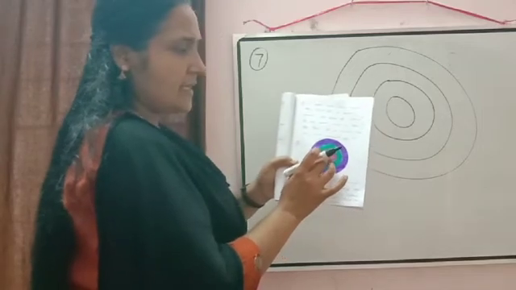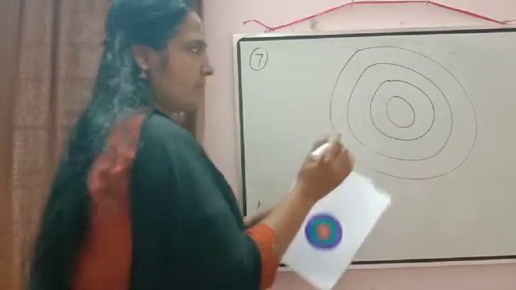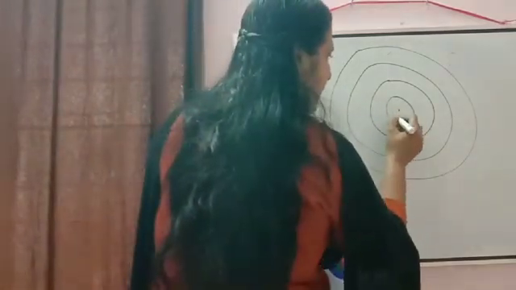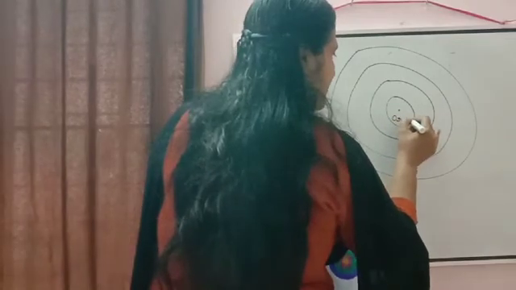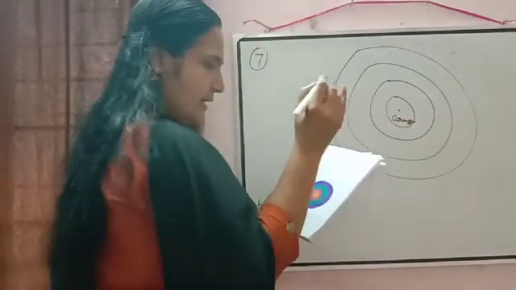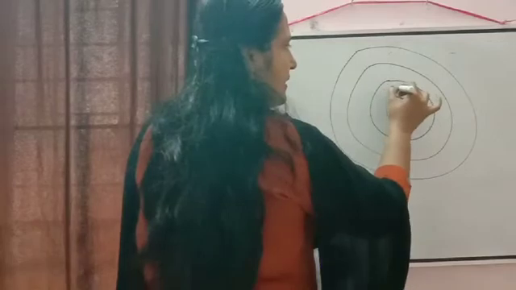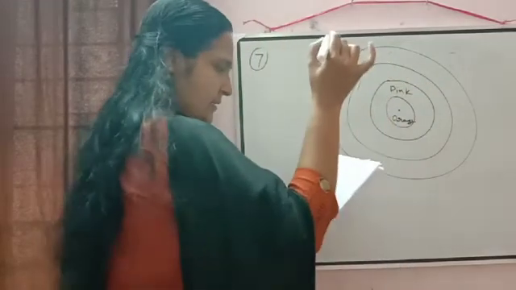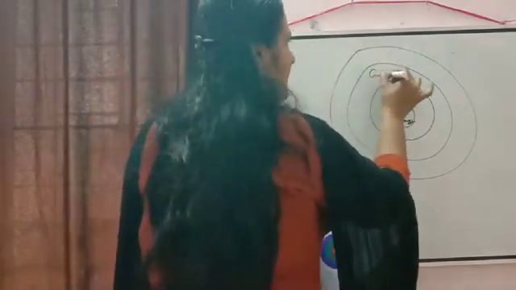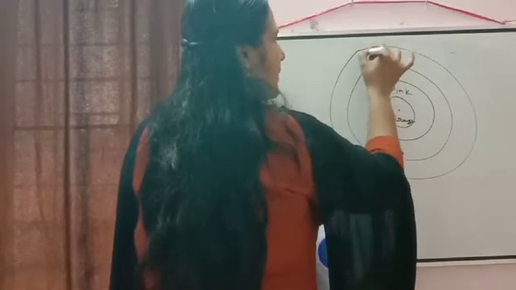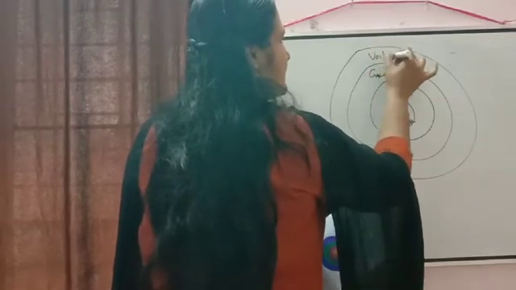The first region is of orange color, the second region is of pink color, the third one is of green color, and the last one is of violet color. I am just writing these colors here.